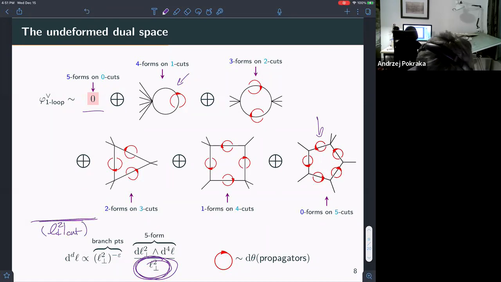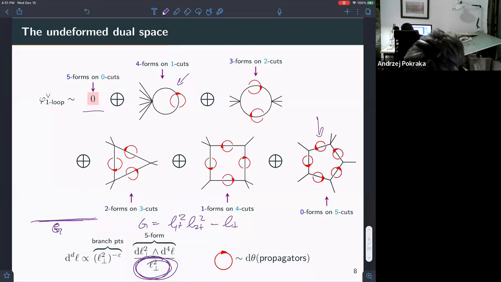And at two loops, actually, it's a bit more complicated. I should have written this note. It's a Gram matrix. Let me write it like this. So G is equal to L1 perp squared times L2 perp squared minus (L1 perp dot L2 perp) squared.